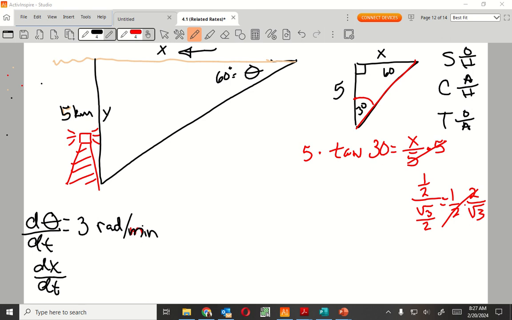I have to multiply top and bottom by rad 3 over rad 3, which gives me rad 3 over 3. So this is 5 times tangent 30, which is rad 3 over 3, equal to x.